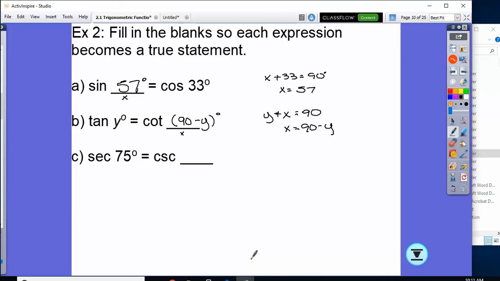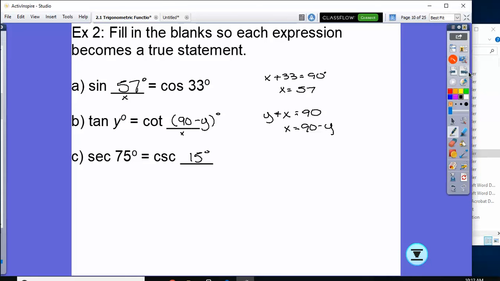What would c be? 15. The complement of 75 is 15 degrees. Is that okay?